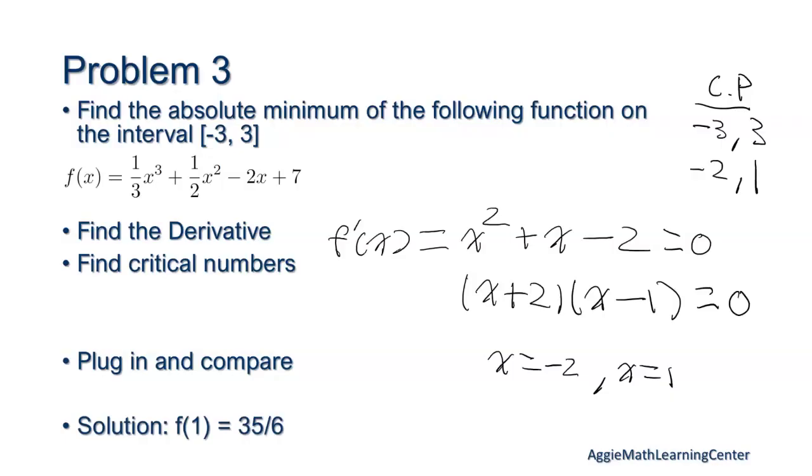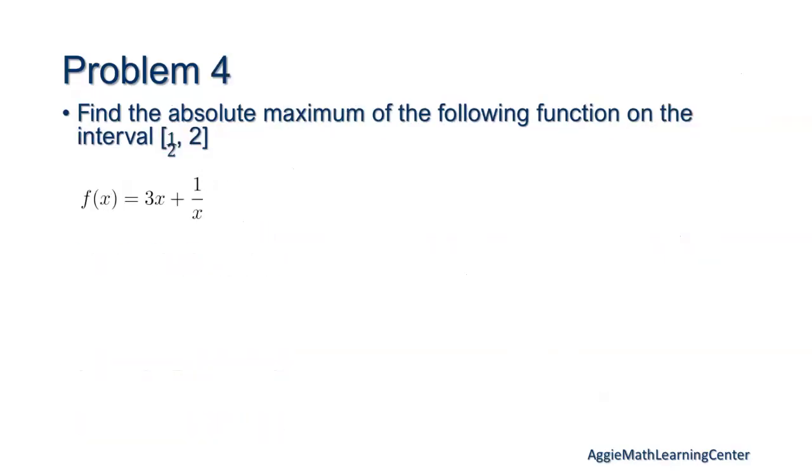Apparently the solution, if we plug in 1, we get 35/6, which is the lowest value that we would get if we plugged in any of the critical points. Any questions about that? Okay. Good.